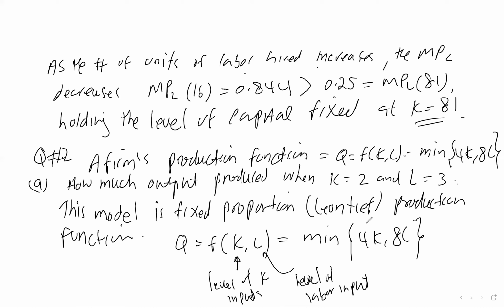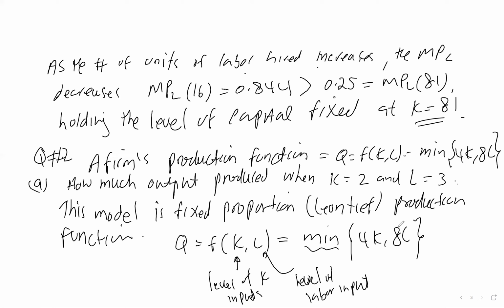So this means that the fixed proportion, the amount we are going to produce, is limited, or in other words, constrained by either the level of K or the level of L. So the amount of machines, which is K, available, and the amount of labor available. That's the level of machinery, for example, that is available, and this is the amount of labor that is available.